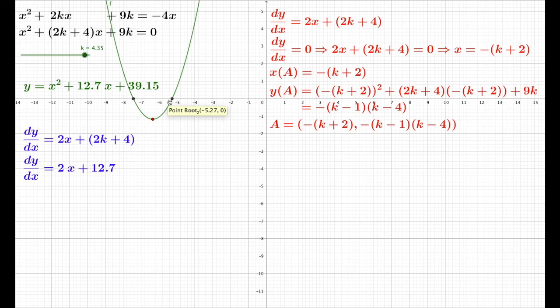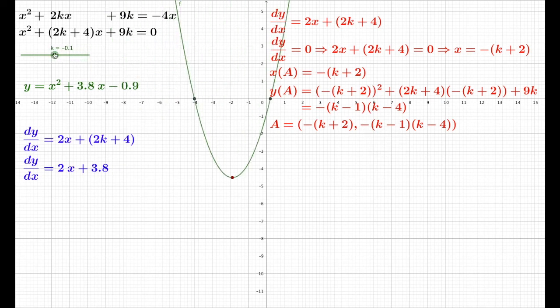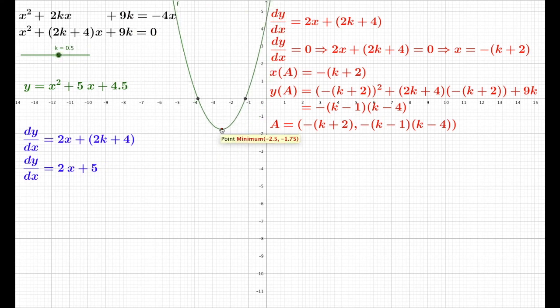On the other hand, if k is less than 1, then this will be negative, this will be negative, so we've got a minus times a minus times a minus, which is minus. So below 1, again our turning point is below the x-axis, giving us 2 roots.